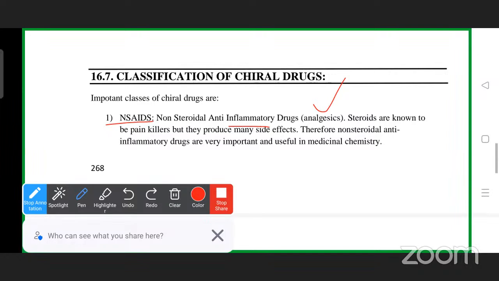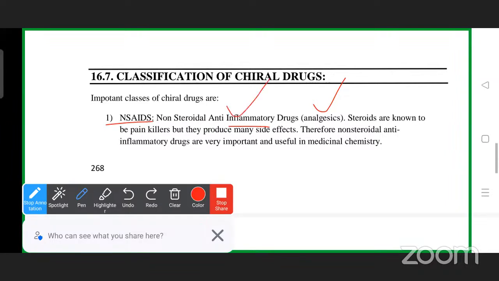here you see the steroid compounds also act as painkillers, but you can see some undesirable side effects here. Okay? Undesirable side effects. That's why generally we prefer the NSAID drugs here.